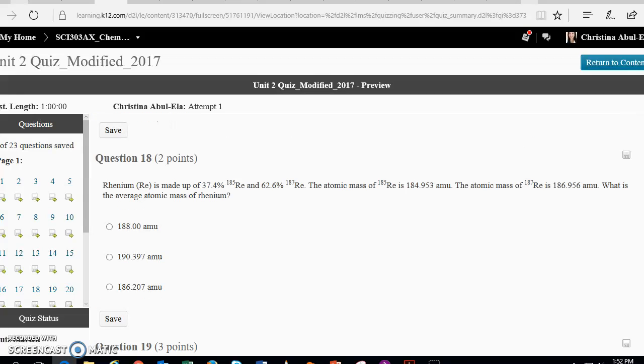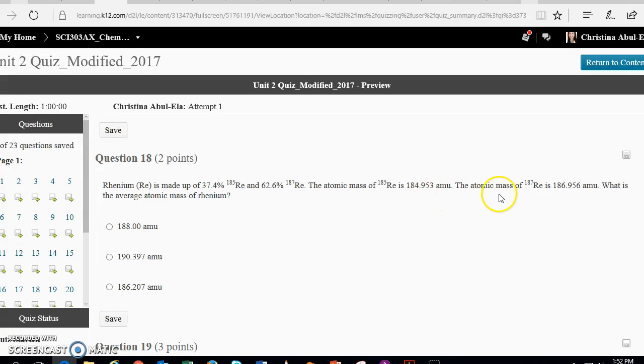Question 18. Rhenium is made up of 37.4% rhenium-185 and 62.6% rhenium-187. The atomic mass of rhenium-185 is 184.953 atomic mass units.